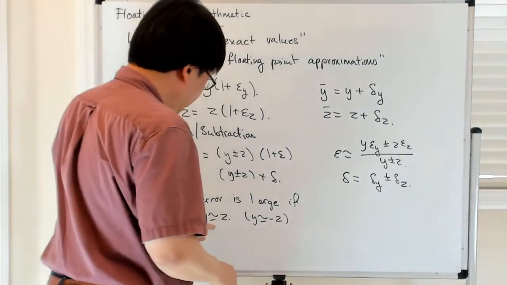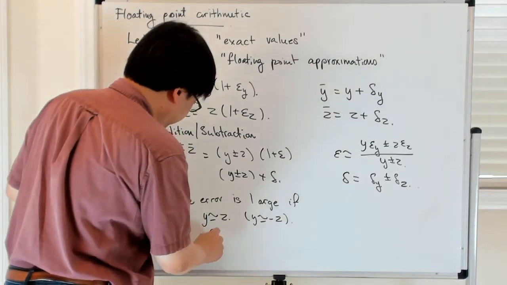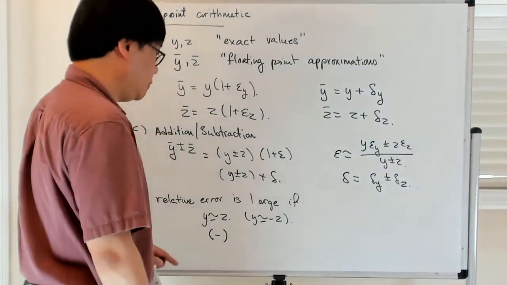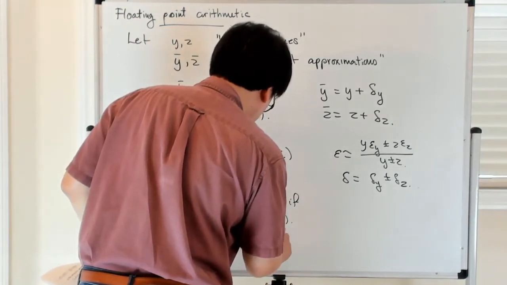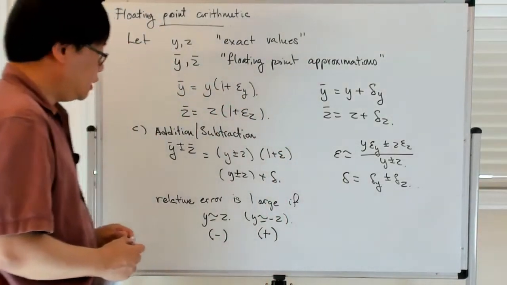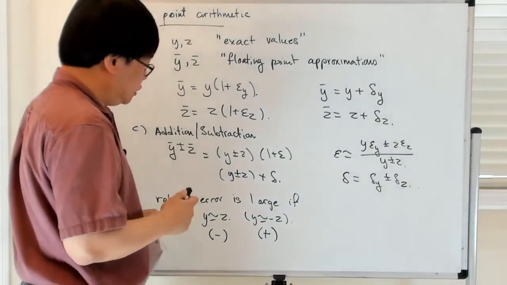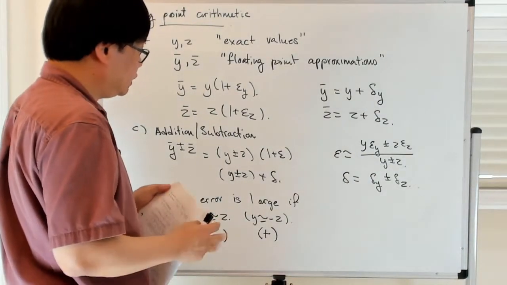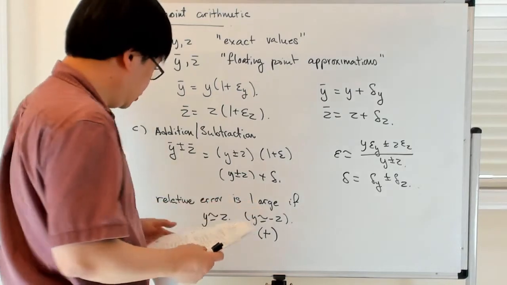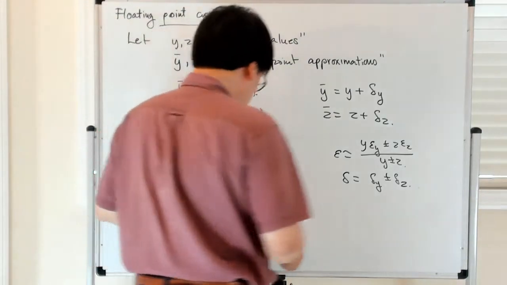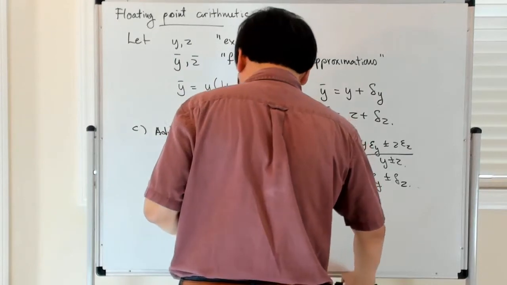So when y is approximately z, the relative error is large for subtraction, and when y approximately equals minus z, the relative error is large for addition. So in general, what you shouldn't do is take the difference of two numbers which are nearly equal to each other. That results in a lot of error.